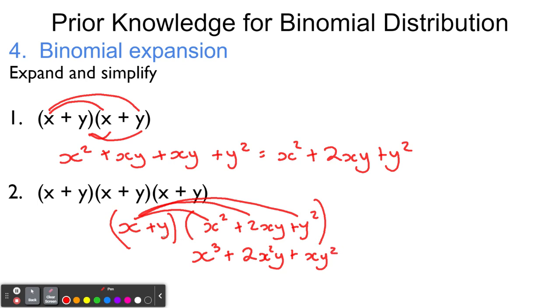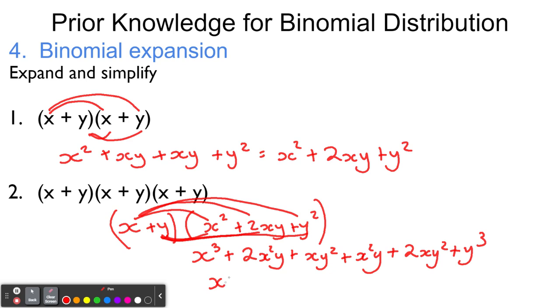Now we're going to multiply everything through by y. So now we've got x squared y, and then now we're going to have 2xy squared, and then y times y squared is going to give us y cubed. And then we're going to collect these together.